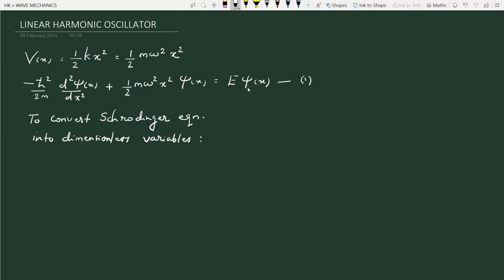Let me introduce two dimensionless variables. Instead of x, I am introducing theta.